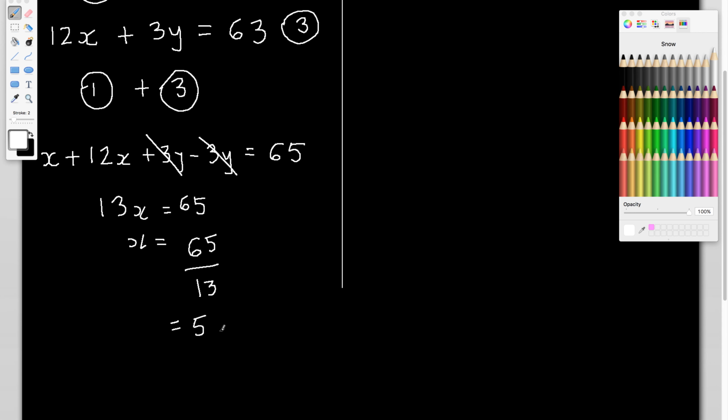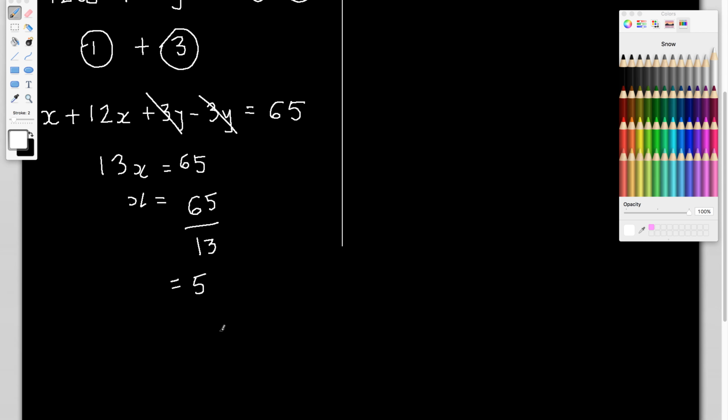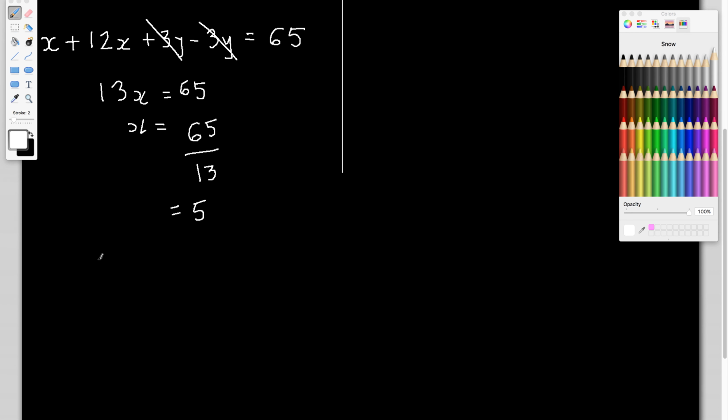I of course need the y one. So I might just use one of these rules. One of them was x minus 3y equals 2. That's just going back to my original equation 1. Substitute in my x value. So it's going to be 5 minus 3y equals 2.